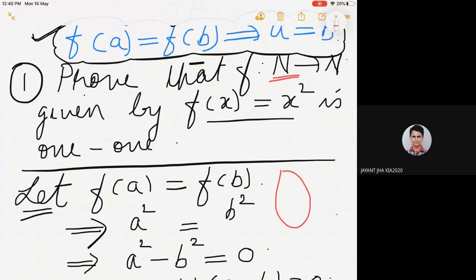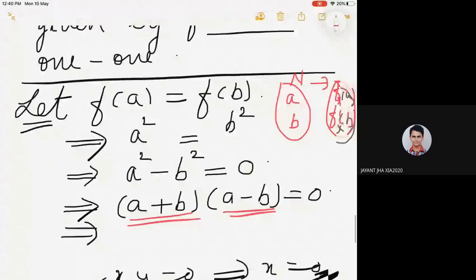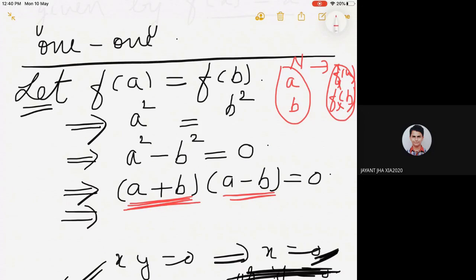When you are applying the definition of this 1, 1 function, we know that a and b are from the domain, and here comes your f of a and f of b. So a and b are natural numbers, and the sum of two natural numbers can never be equal to 0.